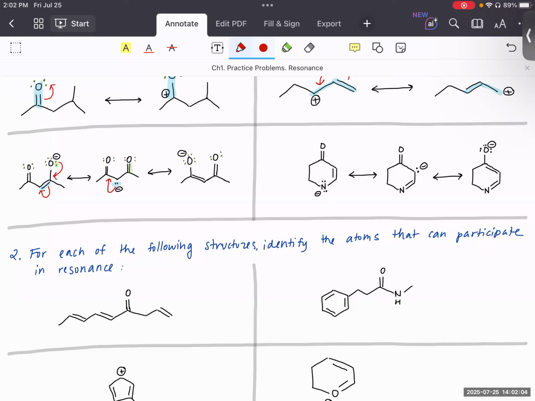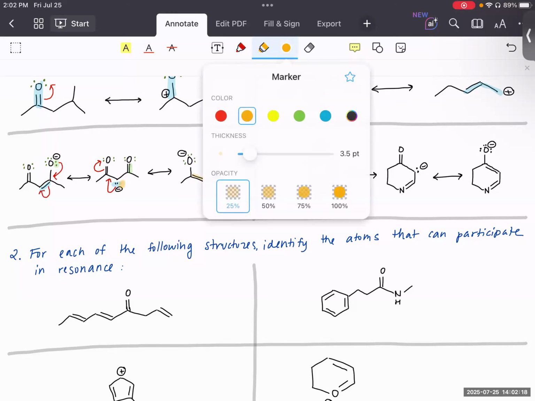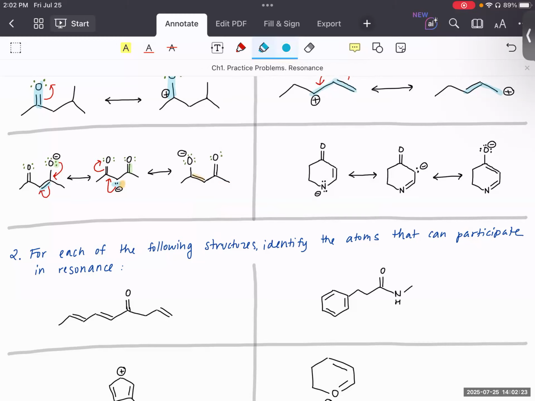And then we need to move one of these double bond oxygen pairs to the oxygen. I can similarly highlight that here. This electron pair is also orange, and ends up in that double bond. And then let's do a red to help differentiate. This lone pair was this double bond right here.